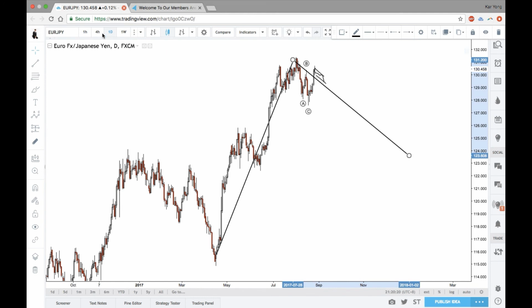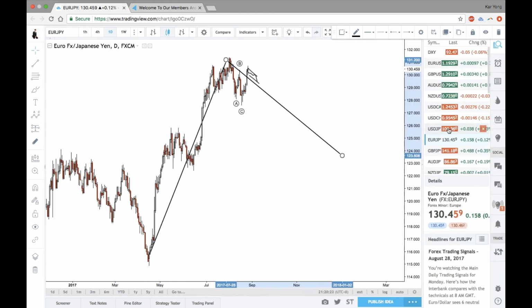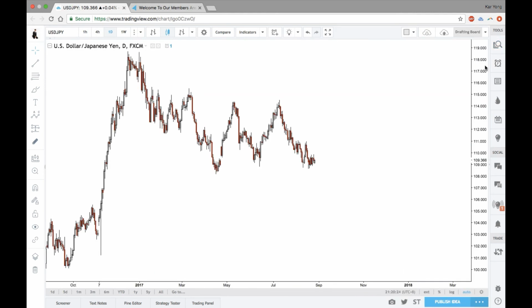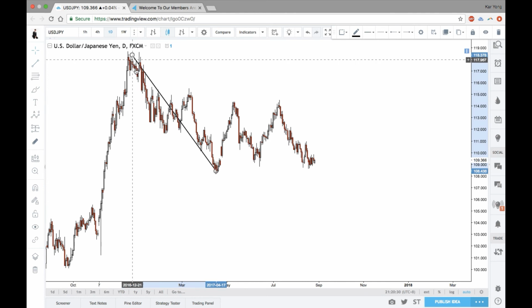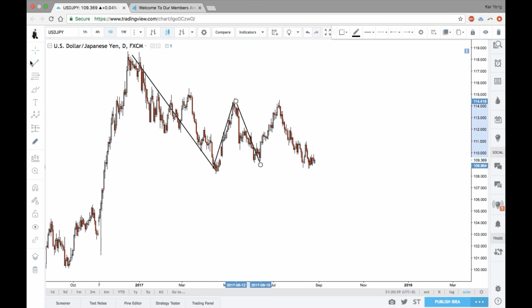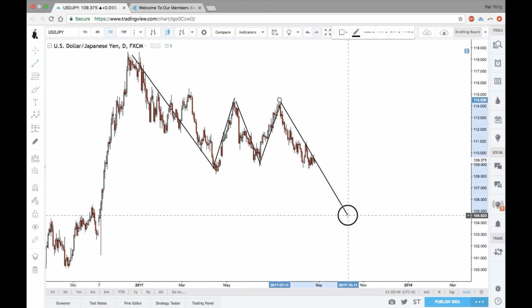Okay, and if you are trading Euro Yen, look for Dollar Yen to give you that tip. Dollar Yen right now, if you look at this, is your ABC 1, 2, 3, right? Then right now here, what it is giving you is another 1, 2, 3. Then now it's giving you perhaps your third move down.